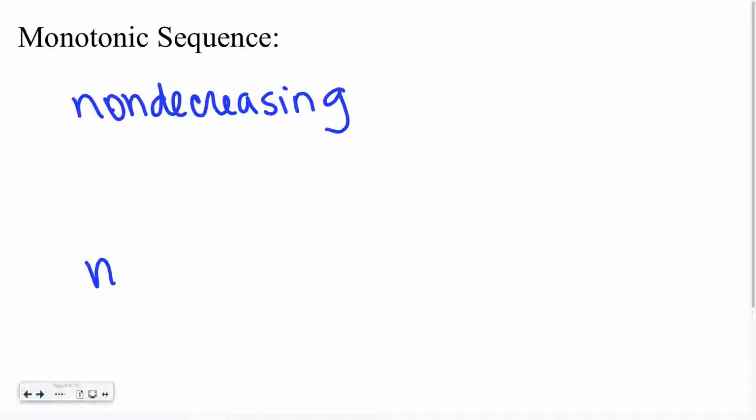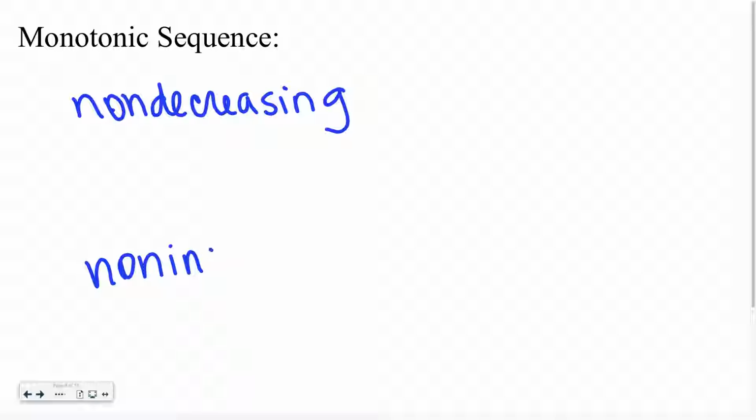Okay, monotonic. This is something you talked about for like 5 minutes in Calc AB. A monotonic sequence means either non-increasing or non-decreasing. Wouldn't that be increasing?